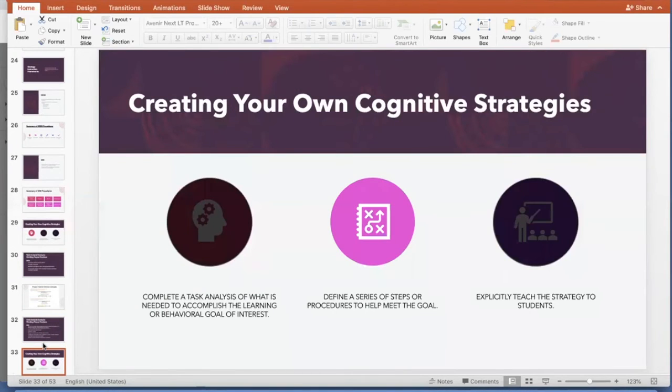Okay, so after defining my task and now getting my task analysis finished, defining my steps that I want to use, my next task is to figure out how I want students to work through this strategy to meet the goal of being able to solve these problems, fraction division, and understand what they're doing.